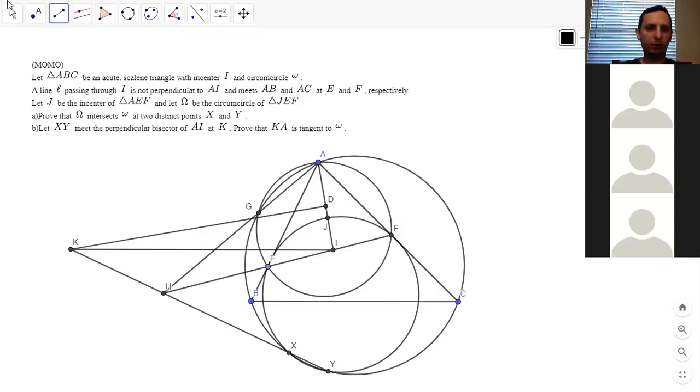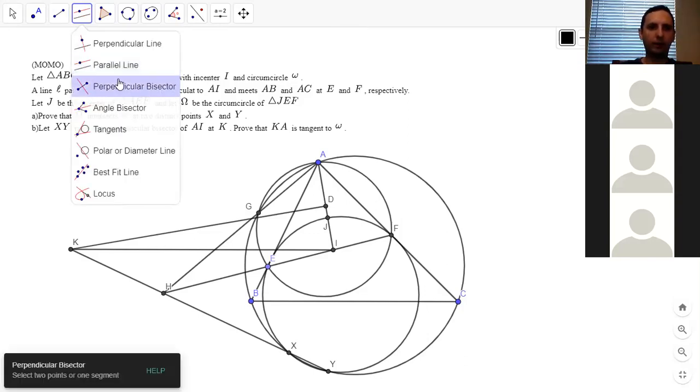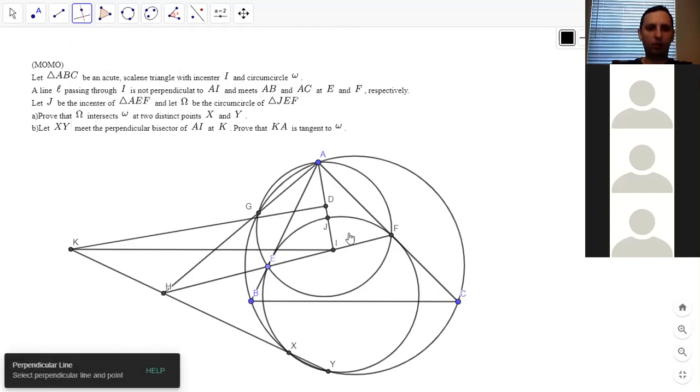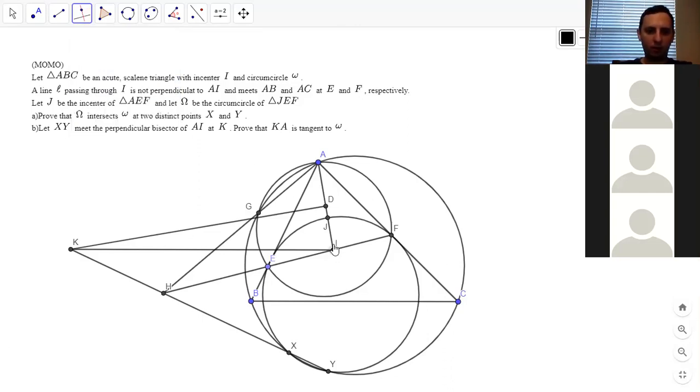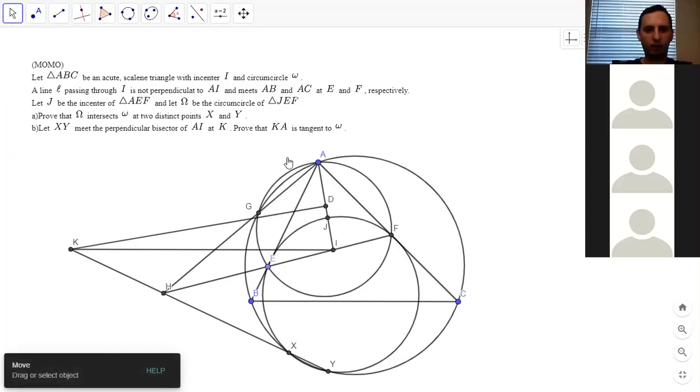What we could try is to draw the mixtilinear incircle and then compare the two. I'm trying to find the best way to draw it. I'll delete those points for now.